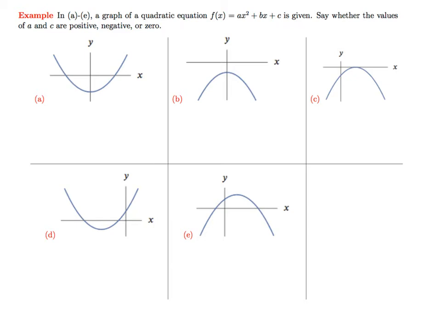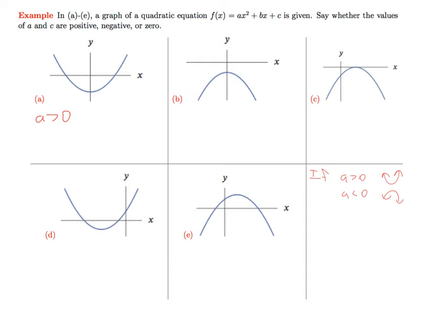So remember, for the leading coefficient, if a is positive, the graph is going to open up, and if a is negative, the parabola is going to open down. So just by looking at whether the graph opens upward or downward, we can determine the sign of a. For example, in part A, this opens up, so the leading coefficient is going to be positive.